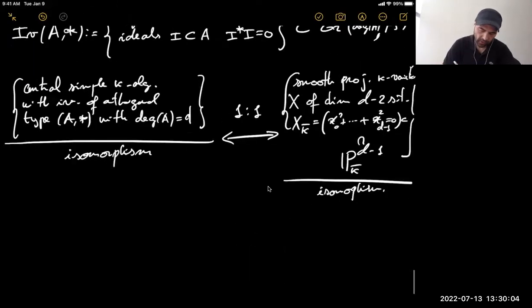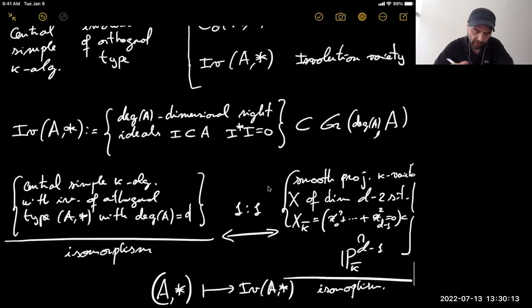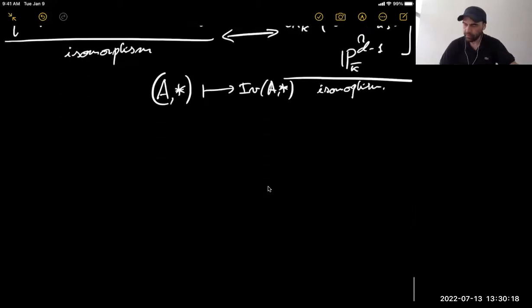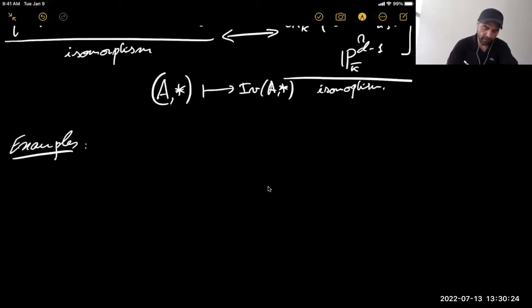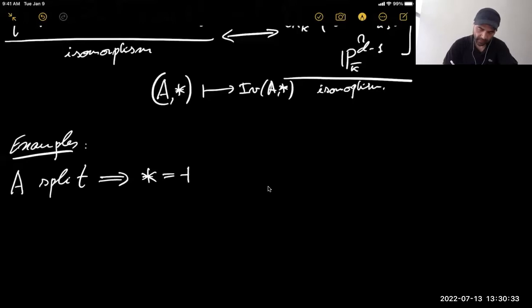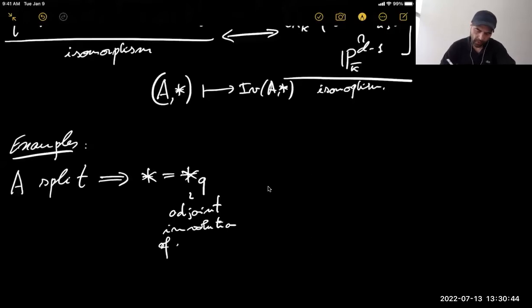And the correspondence is, of course, given if you have this, you assign to it its involution variety. So here you have two viewpoints on involution varieties, the more explicit one and the more conceptual one. So let me give you some examples. So if A, the central simple algebra, is split, well, in this case, this implies that the involution is actually the adjoint involution of a quadratic form.